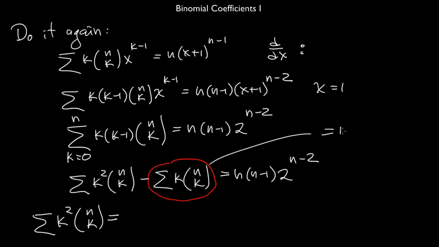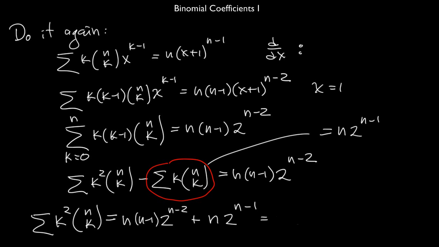So remember that this thing is equal to n times 2 to the n minus 1. So I get a formula for k squared n choose k, which is n times n minus 1, 2 to the n minus 2, plus n times 2 to the n minus 1. And this right-hand side simplifies a bit. I can factor out an n 2 to the n minus 2 from both terms. And what do I get? N minus 1 plus 2.